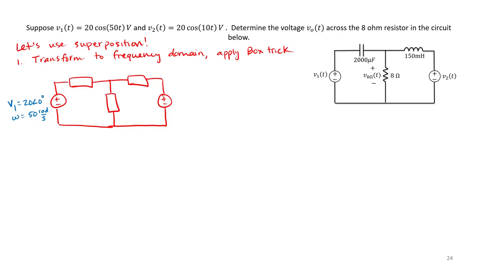Under those conditions, we know that our capacitor will be minus J10 ohms, our inductor will be J7.5 ohms, and our 8 ohm resistor is just going to be 8 ohms.